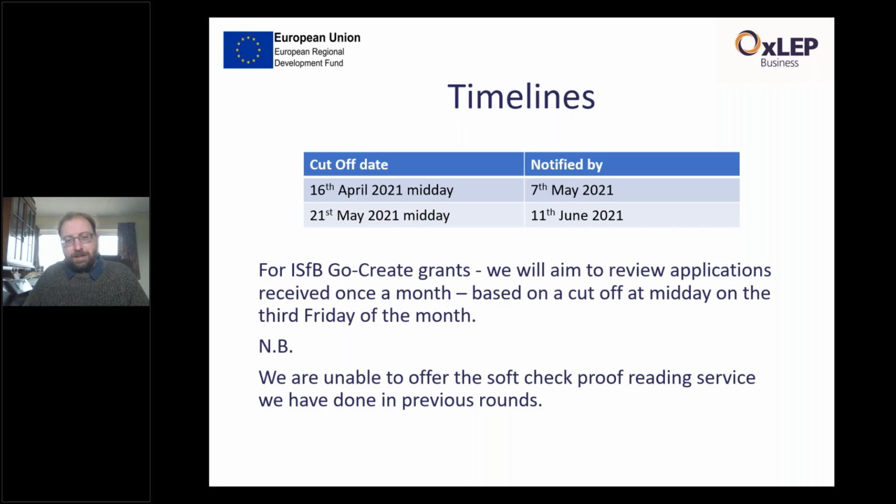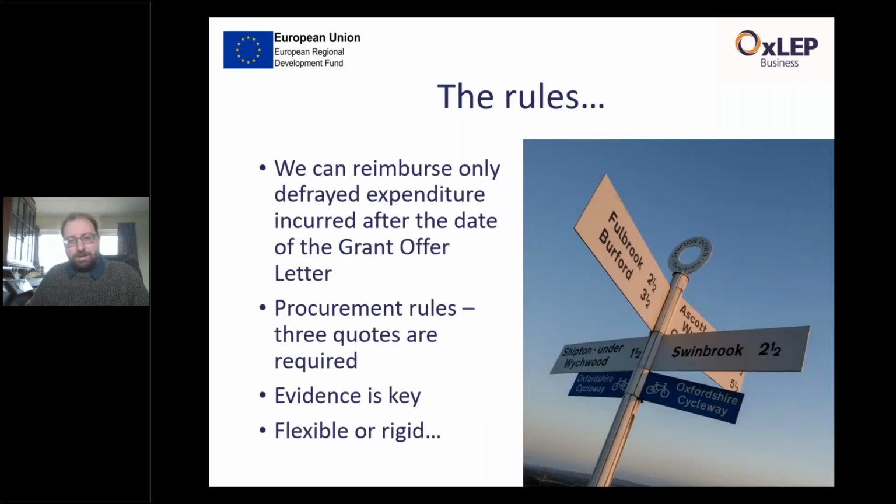So the next slide then talks about the specific rules of the fund. I've talked about defrayed expenditure, so you have to have spent the money before you can claim it from us, and you have to have spent the whole of the money, so the match and the ERDF. You put a claim in to us for the total cost that you've spent, and we will reimburse you the grant rate.